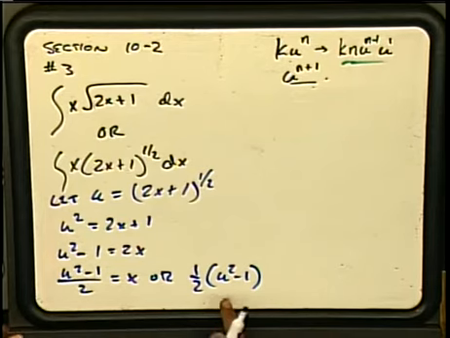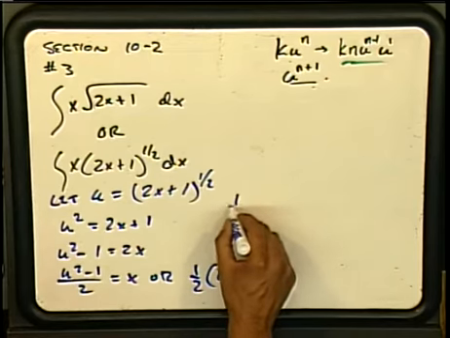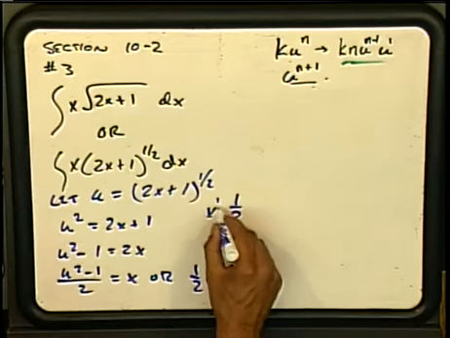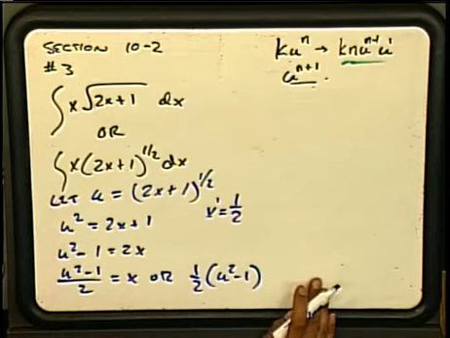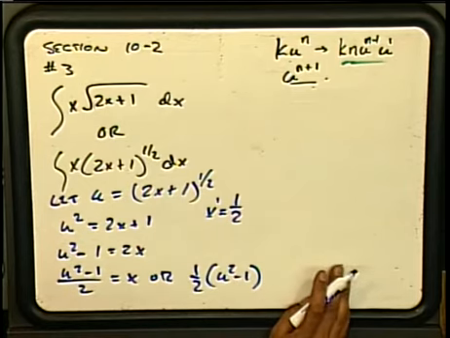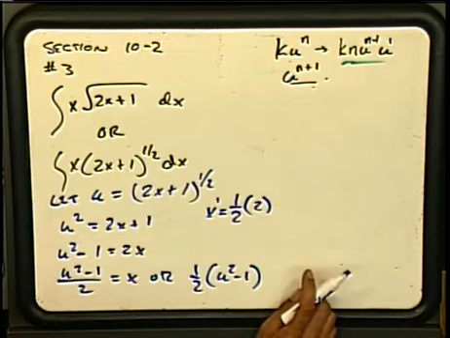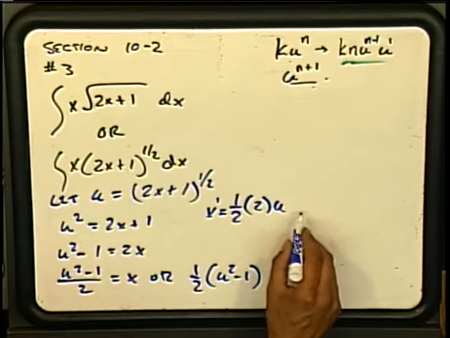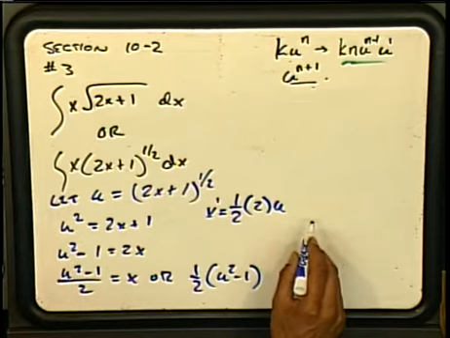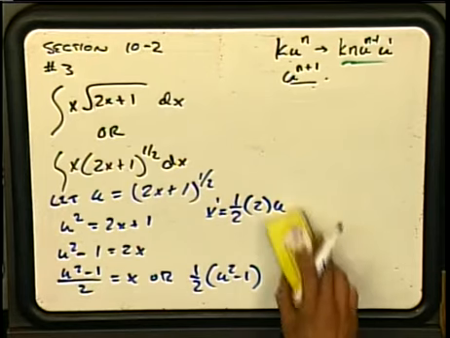Take the derivative of x, which is x prime equals 1/2 times 2u, which is u.